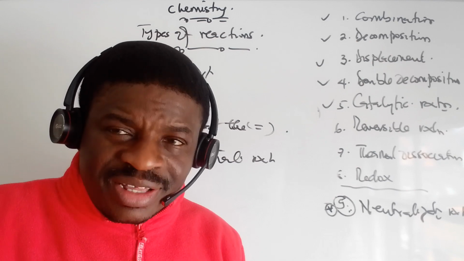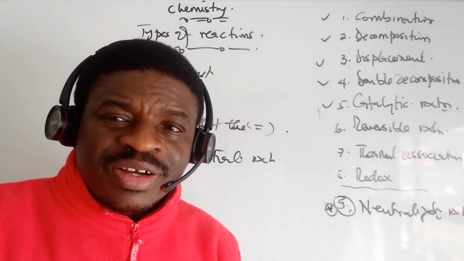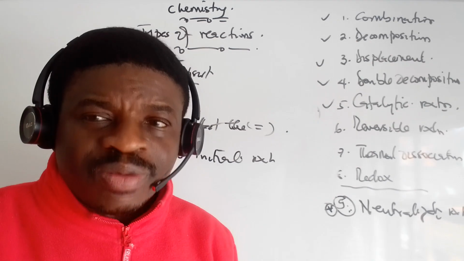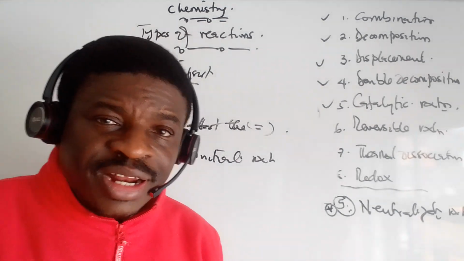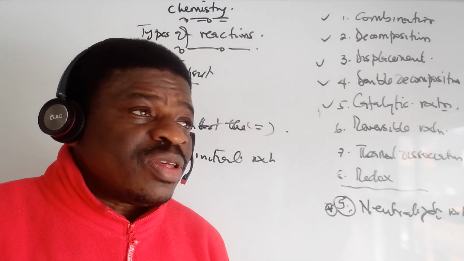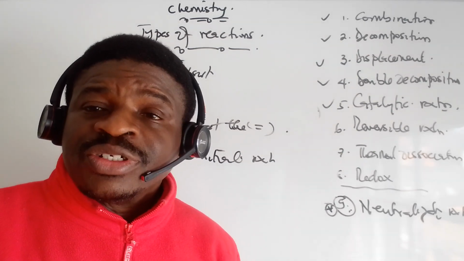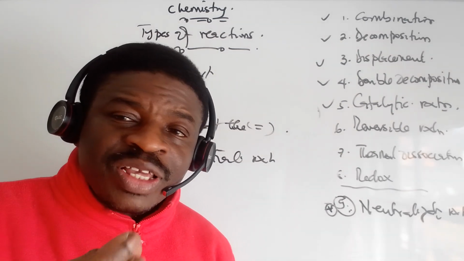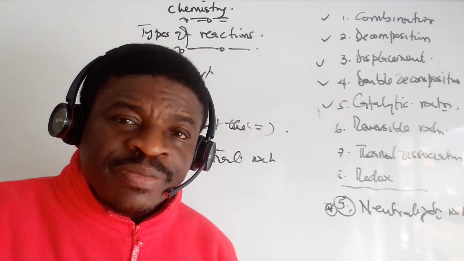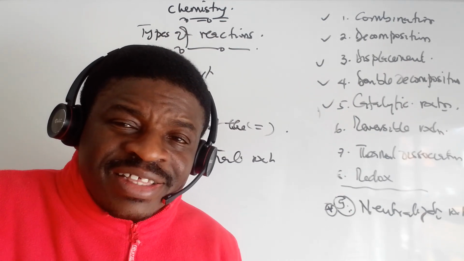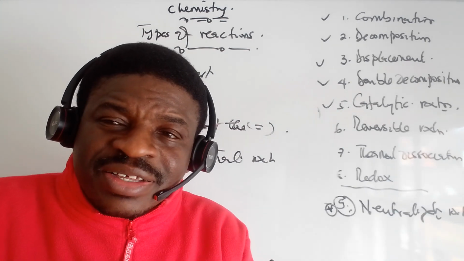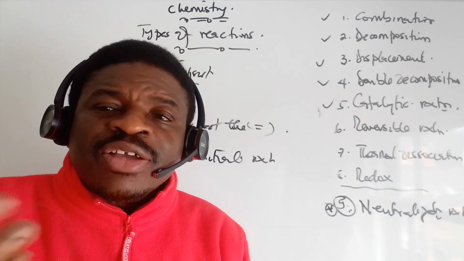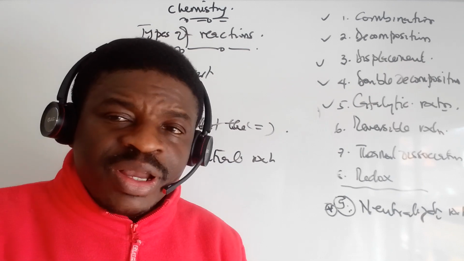Then another point is this: for a solid catalyst, like I was telling you about nitrogen reacting with hydrogen to give ammonia, where we are using iron filings, which is solid, if you increase the surface area of the catalyst, that is, the iron filings are ground into powdered form and used, it also increases the rate of chemical reaction.